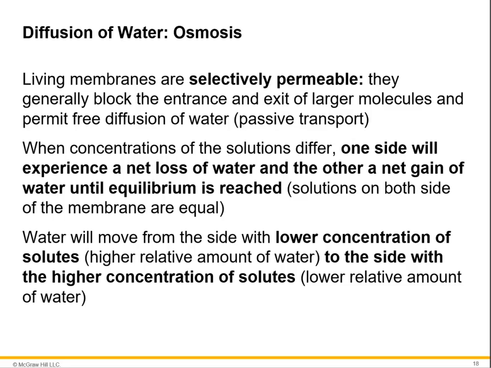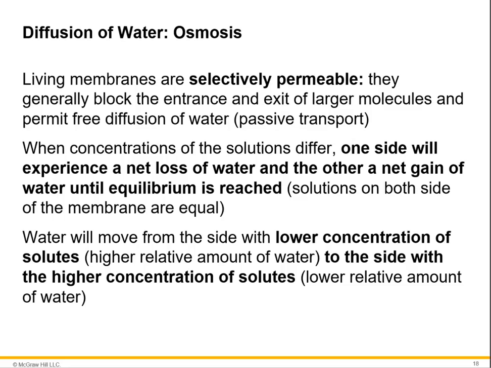Okay, a little bit about osmosis. So cell membranes are going to be selectively permeable. So they're going to allow some molecules to enter and block other molecules as well. Okay. Generally, they're going to allow the free diffusion of water.